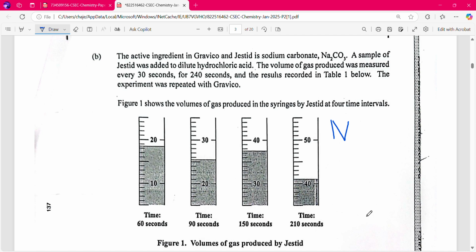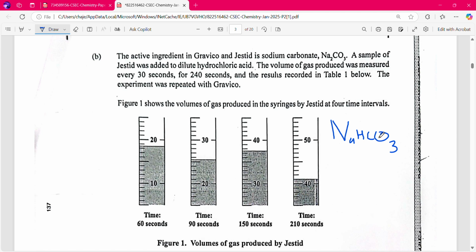What is sodium bicarbonate? The sodium bicarbonate is NaHCO3. Yes. We also call sodium bicarbonate sodium hydrogen carbonate.